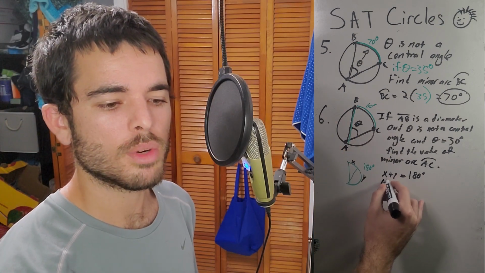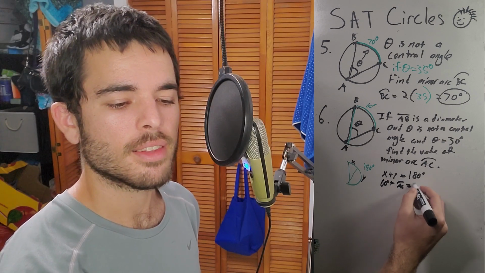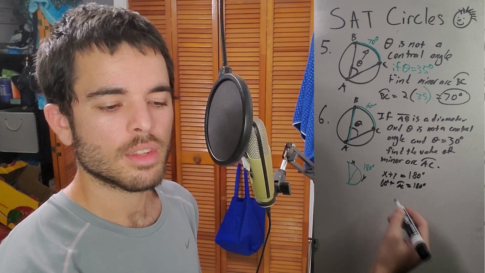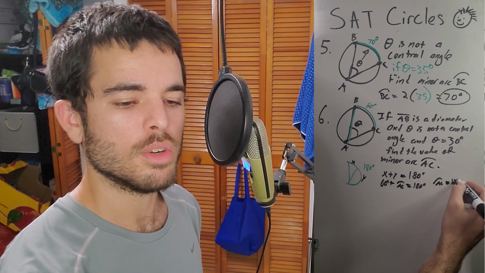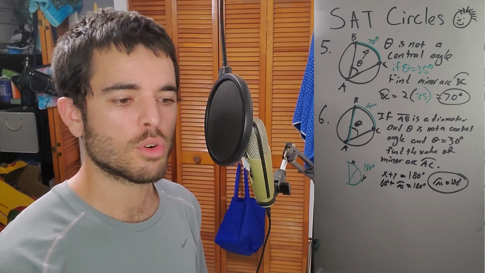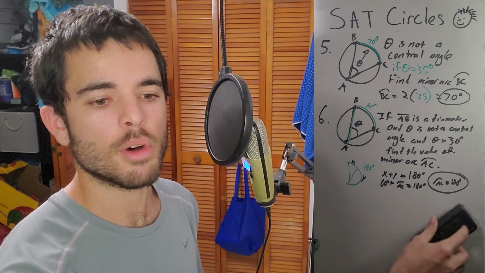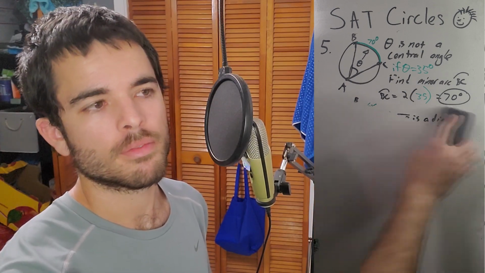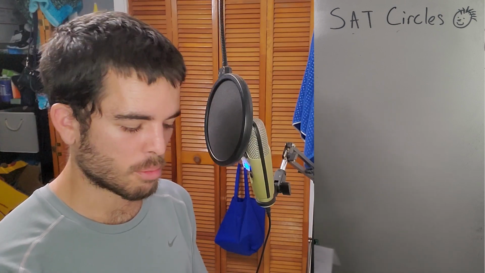We're going to have 60 degrees plus the arc segment AC equaling 180. With some quick algebra, we get arc segment AC equals 120 degrees. And that's our answer. A little bit more difficult, a little bit more intuitive, but it's all the same rules that we're following, and the same concept of being able to come up with an equation, interpreting those words, the math problem.